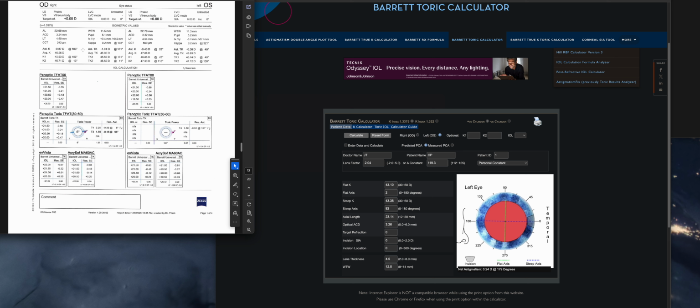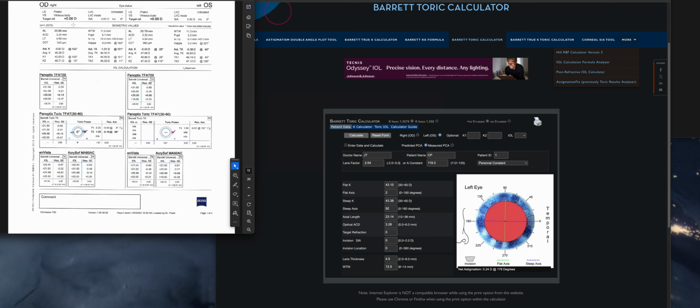So this patient's interesting. This patient was done on a machine in Southern California. You can tell this is not my setup or the lenses I normally use. So you can also tell this is in -SIL, which is a bit confusing to me.